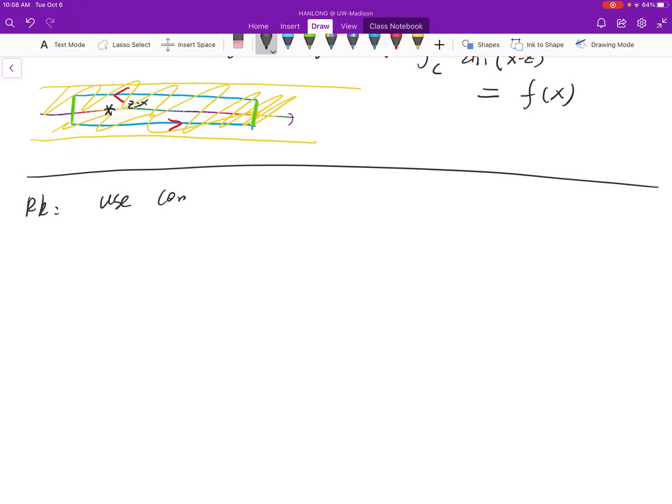Use complex analysis, especially the contour integral.